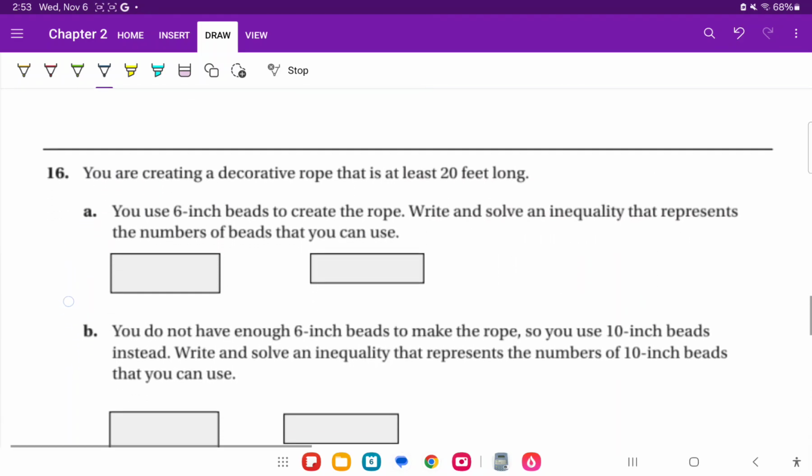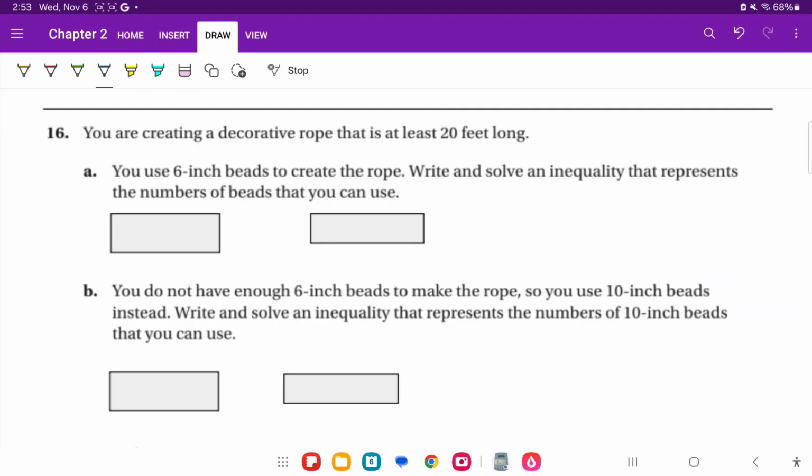Okay, last one, and I'm not going to do all this for you. You are creating a decorative rope that is at least 20 feet long. So that's a key word there, at least.